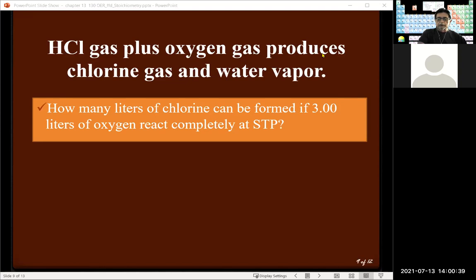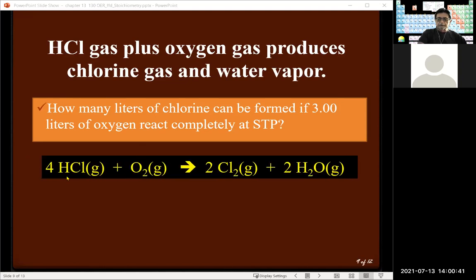Okay, so HCl gas, which is given, plus oxygen, produces, which is the reaction arrow, chlorine gas, which is diatomic. Okay, a lot of people forgot about these diatomic gases in the exam.